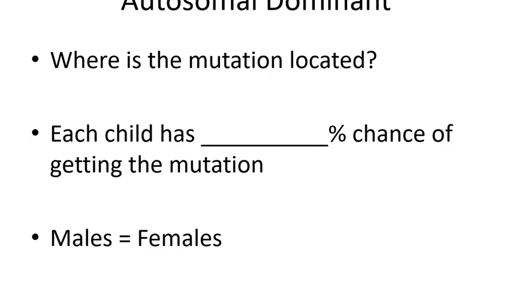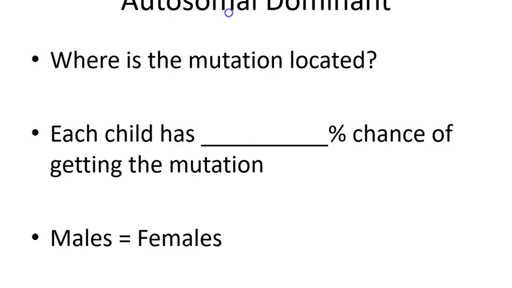But in the majority of the cases, with autosomal dominant, one of the parents has to have that mutation, and then there is a 50-50 chance for each child of getting that mutation from the parent that has it.